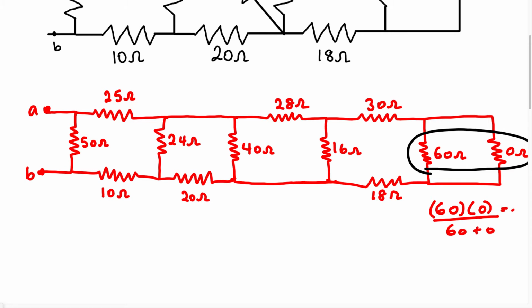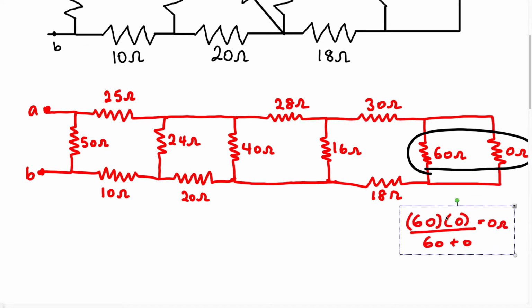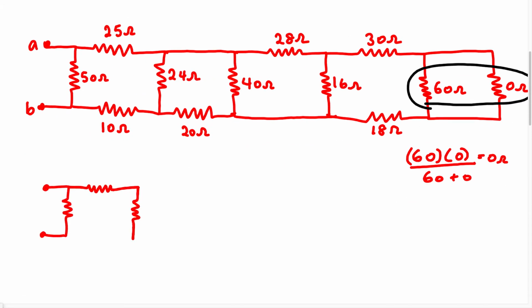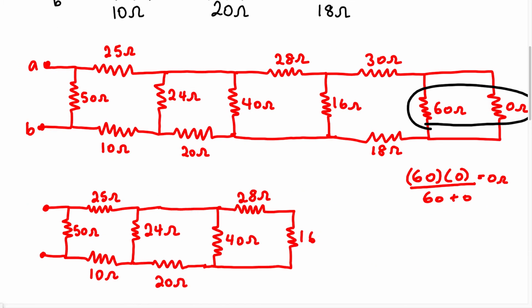That's going to give you 0 ohm. Therefore, we know the equivalent resistance of these two resistors that are in parallel is going to be 0 ohm. Let's just redraw this circuit diagram and put that in place. And we know this resistor here is going to be the equivalent resistance of these two resistors, which was 0 ohm.